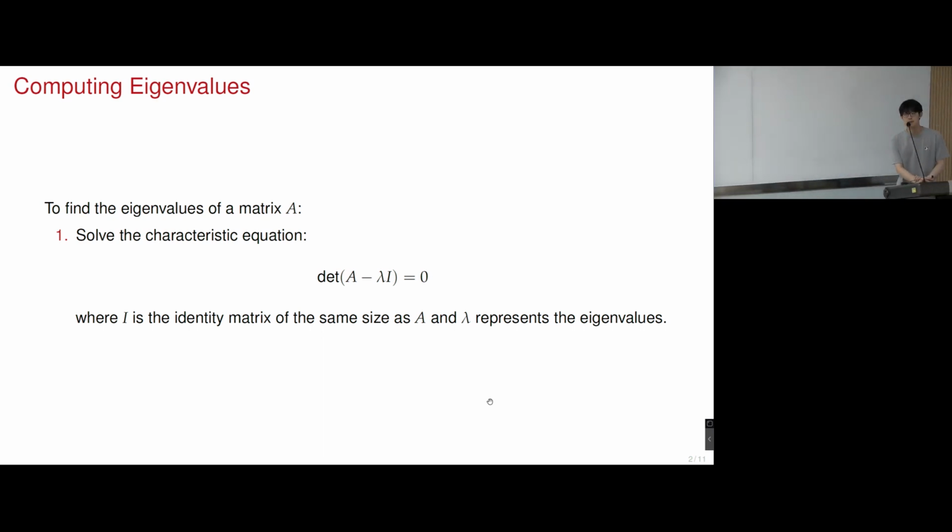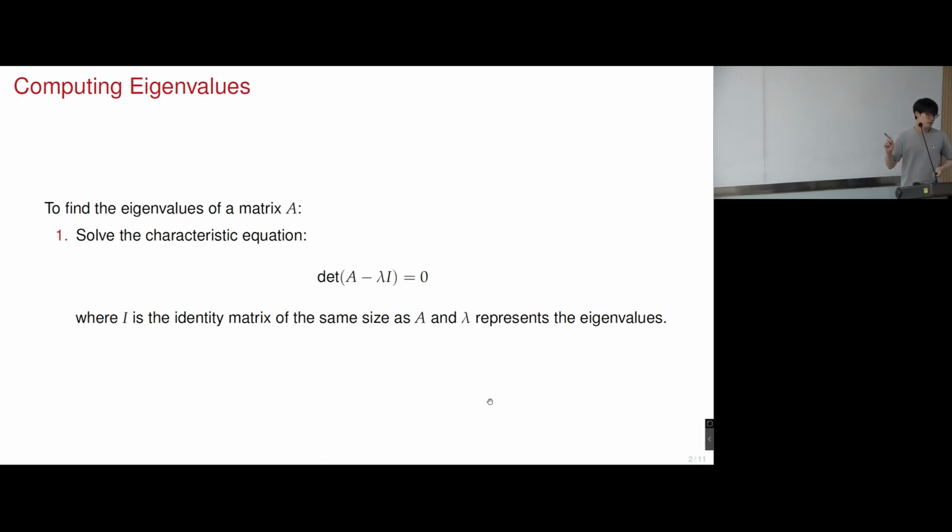So we now have to compute the eigenvalues, okay? How are we going to compute the eigenvalue? This is where the determinant comes into play. We talked about how we can use the determinant to get the eigenvalues and eigenvectors, right? So we're going to talk about how we use determinants.